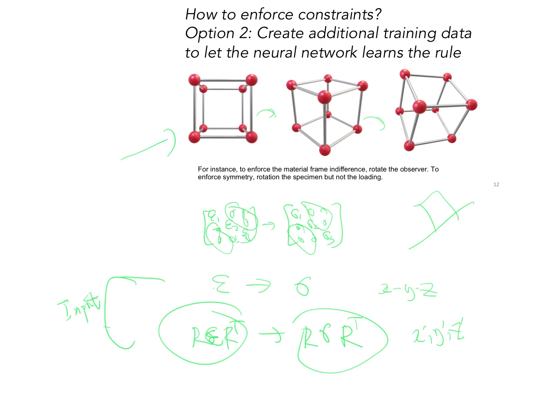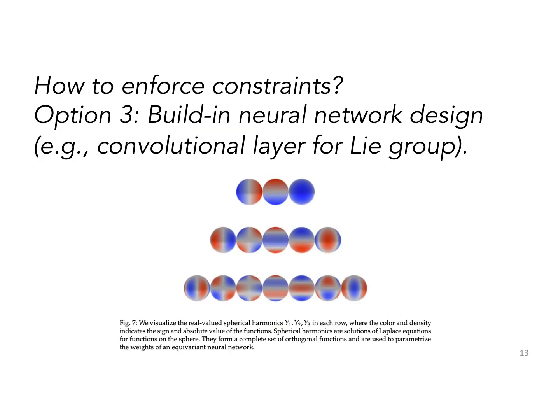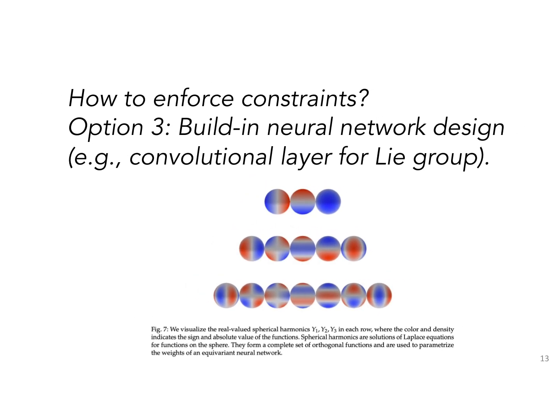This is popular among computer science people: I don't really care about writing the multi-objective constraint, and I also don't want to add data. I simply build in all the operations that are particular to the Lie group. I'll give you a very simple example.